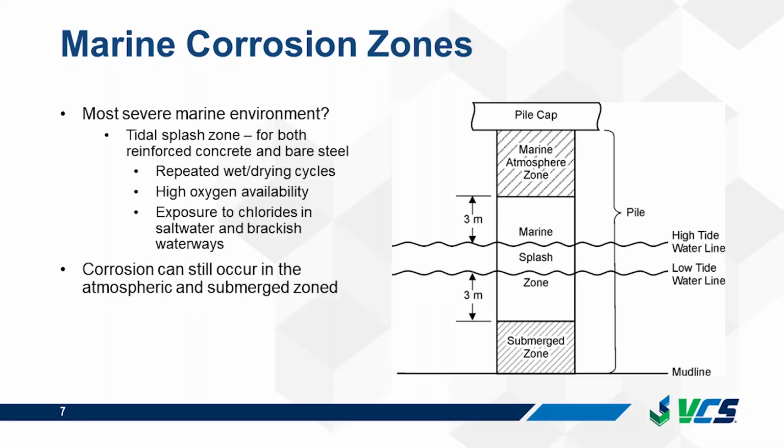But in the tidal zone, we have cycles of wetting and drying, and because of that, this is the most severe exposure environment. Also, in the tidal zone, there is high oxygen availability. And the repeated cycles of wetting and drying actually draw chlorides into the concrete at a faster rate.